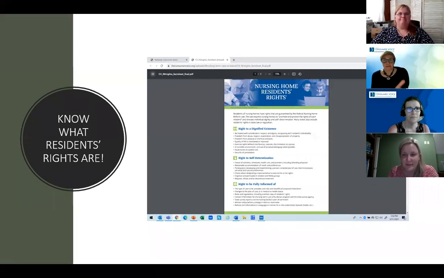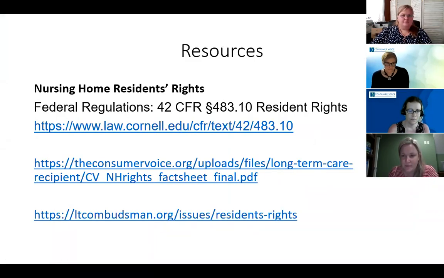Yes, thank you for putting that up there. This is a handout that we have about residents' rights. These are the federal residents' rights for nursing homes. The next slide will give you the link to this. It's the second item up there, the link to that fact sheet.